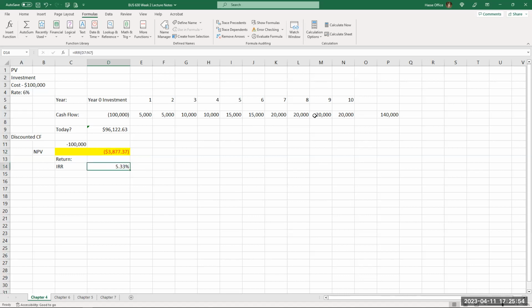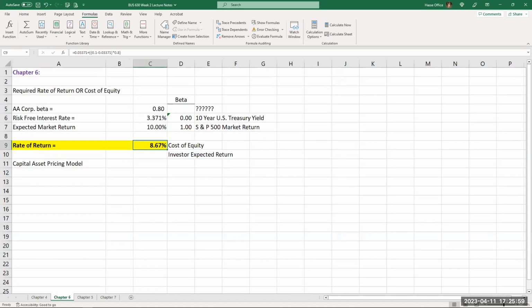Taking a look at the cash flows generated over that time period. And then we reviewed last week's issue in chapter 6 of the risk of the required rate of return, using the capital asset pricing model, taking a look at market rates for no risk, average risk, in regards to the specific risk of a company.